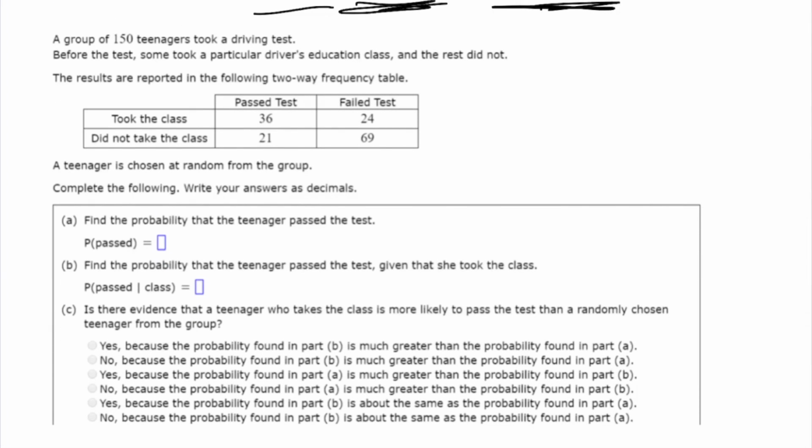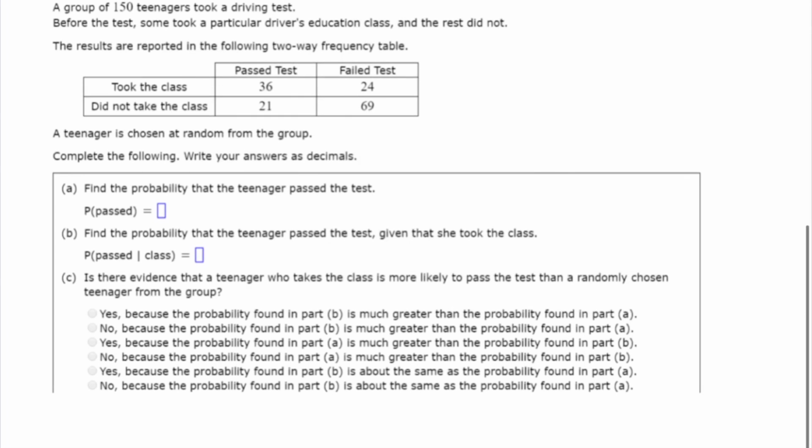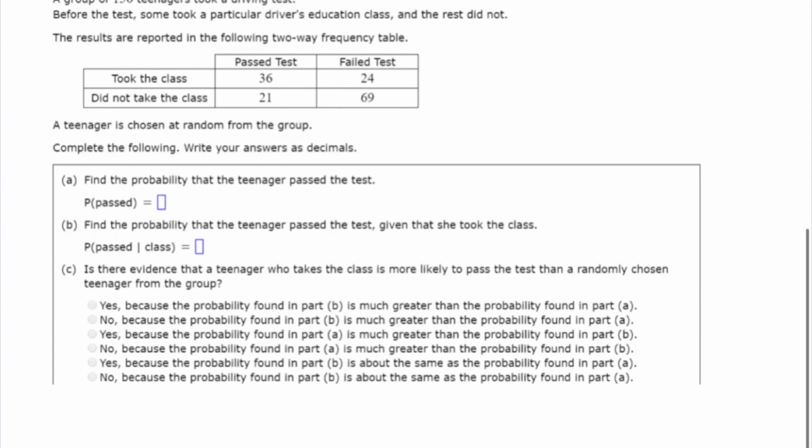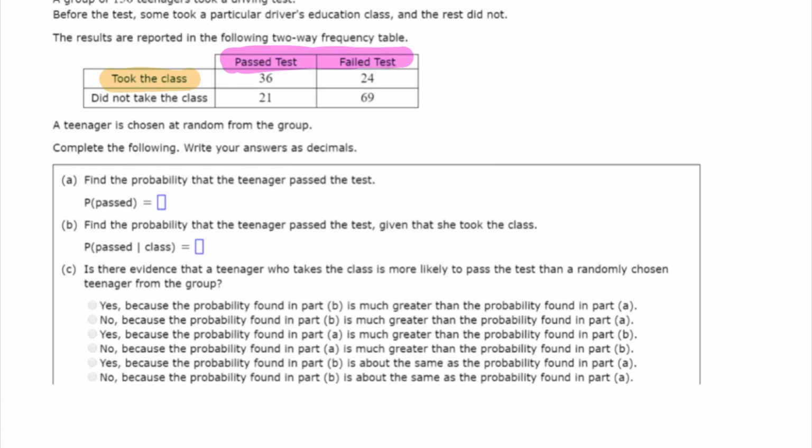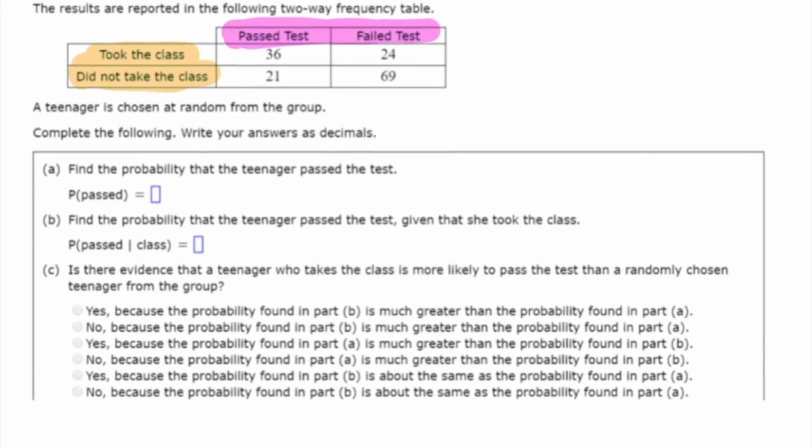The next one says we have a driver's test. Some of these students passed the driver's test and some of them failed the test. Some of these students took the driving test class and some did not take the class. And we're going to be comparing these as well. So we're going to find the probability that the teenager passed the test.